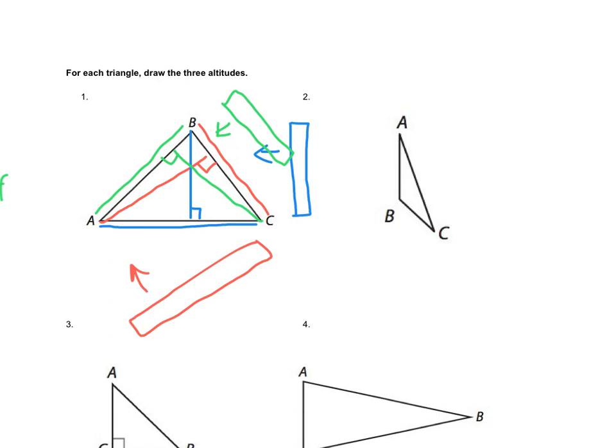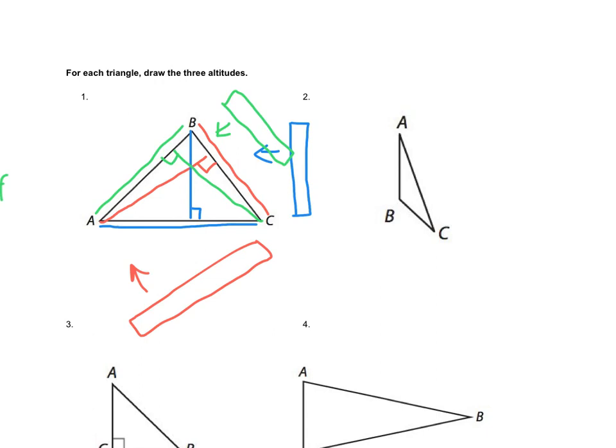It's important for you to realize that all of those altitudes should be coming together in a single point. The name of that point is the orthocenter of the triangle, and that is one of the special points that's talked about if you read through more of the text of lesson 8.3.